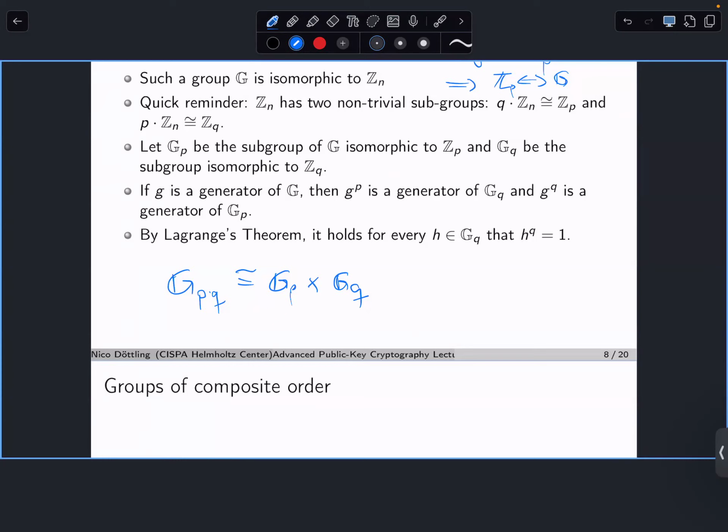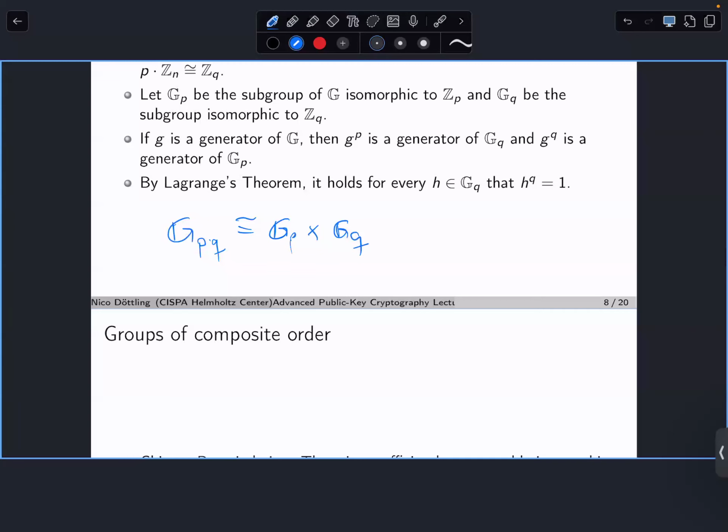I mean, we could build a cyclic generator for this group. And if it's cyclic, it's in particular abelian. It's a commutative group. So any group of order P times Q has to be both cyclic and abelian. Great.